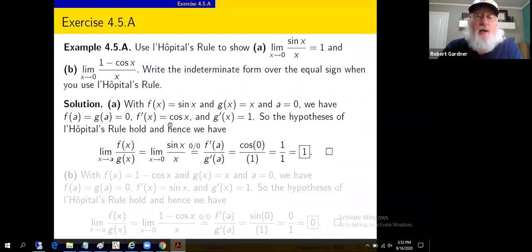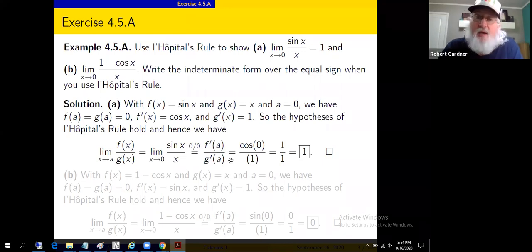F of x is sine x, so f prime of x is cosine x. So we'll have the cosine evaluated at a, and a was 0. G prime of x is 1, so g prime of a is also 1. So what we get upon applying L'Hopital's rule, there you go, equal sign with the indeterminate form over it to indicate we've used L'Hopital's rule.